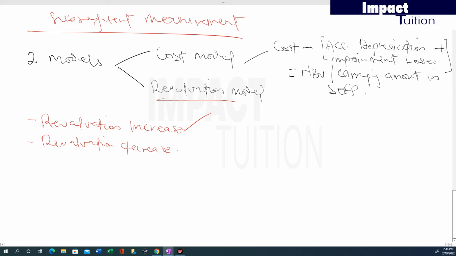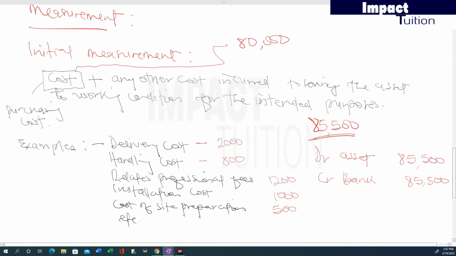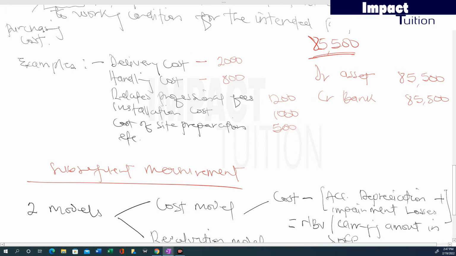First, the revaluation increase is recognized in other comprehensive income, and then it is accumulated in equity under revaluation surplus. That is the standard.